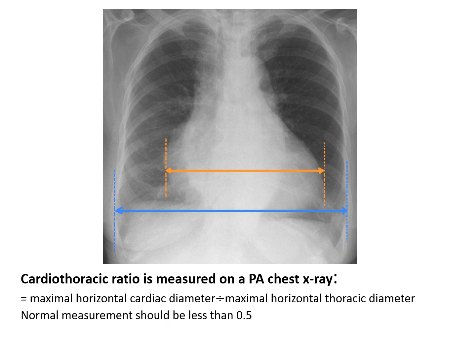The ratio is calculated by measuring the maximal horizontal diameter of the heart divided by the maximal horizontal diameter of the thorax, which is measured from the inner border of the ribs on the right side to the inner border of the ribs on the left side. This ratio should not be more than 0.5, and if it is more than 0.5, that can identify enlargement of the heart.